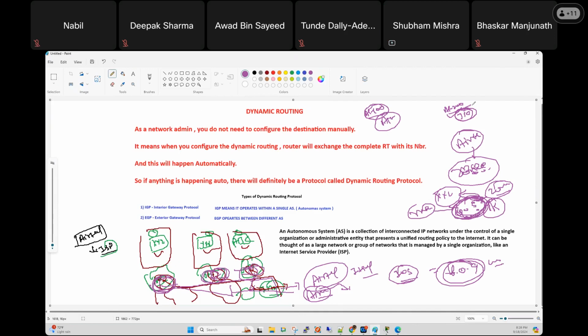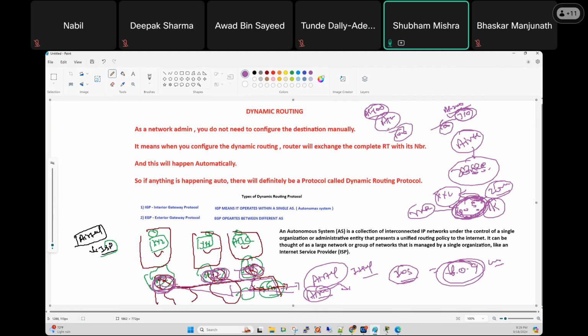Airtel is sending routes over the public internet and Jio is also sending routes, and for both, the AS number is the same. How can we identify whether a route belongs to Airtel or Jio? This is not possible. So what is the solution? Every time you have to use a unique AS number over the internet.